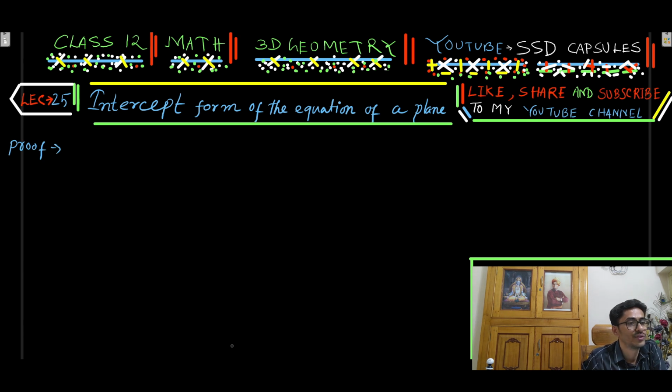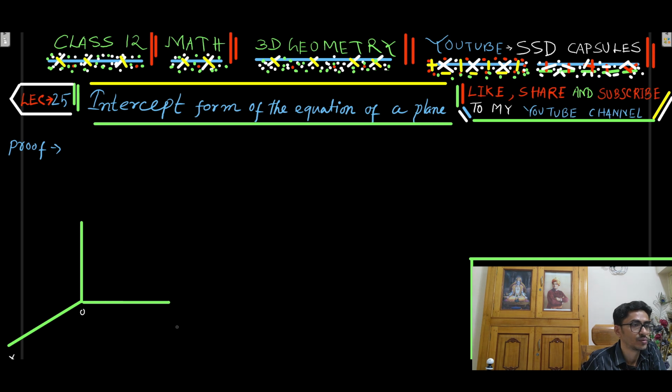First we are going to draw the diagrams. This is x-axis, y-axis and z-axis. Take yellow or white.